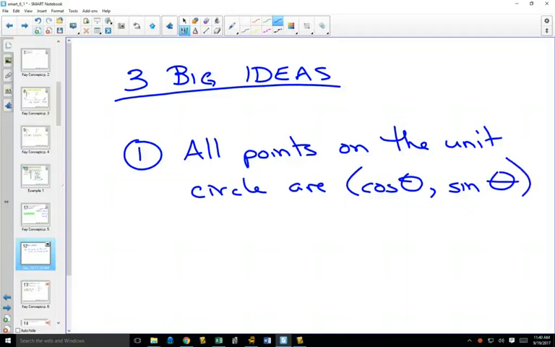So that's our first big idea, that all points on the unit circle are cos theta, comma sine theta. Well, as long as you have a radius of 1, that makes your unit circle.